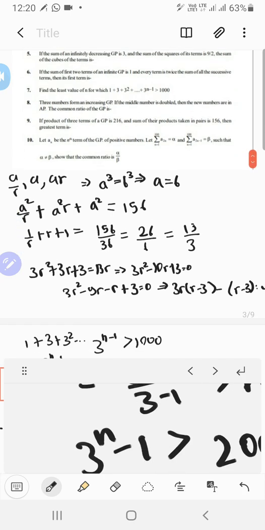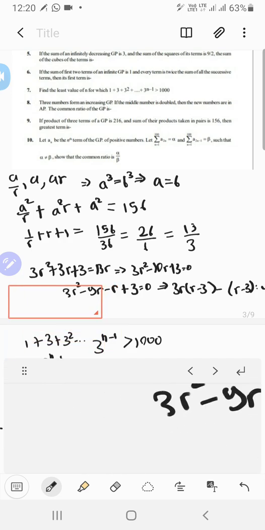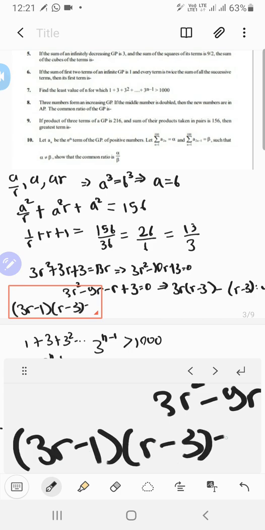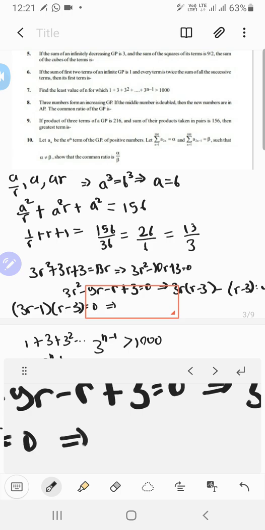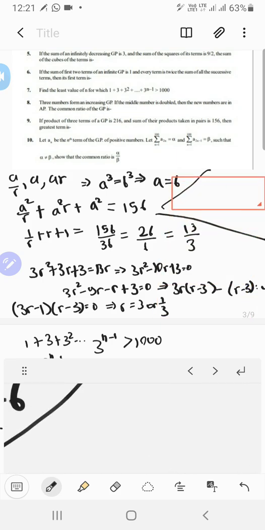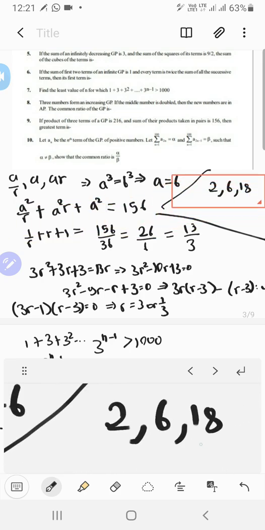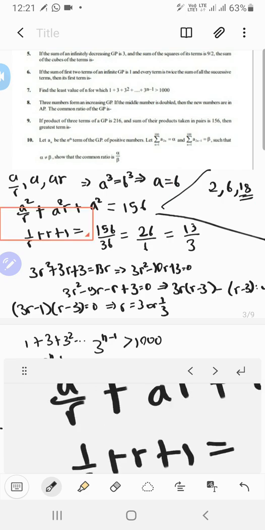Alright, so from that we can say that 3r minus 1 into r minus 3 is equal to 0, which implies that r equals 3 or 1 by 3. So that means that those three numbers are going to be, the middle term is obviously 6, the lowest term is 2 and the greatest term is 18, I think. So this is our answer, the greatest term.